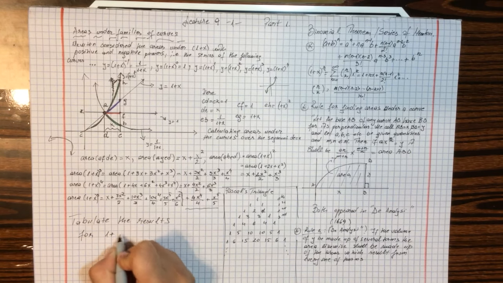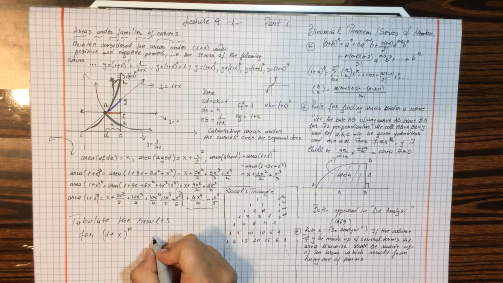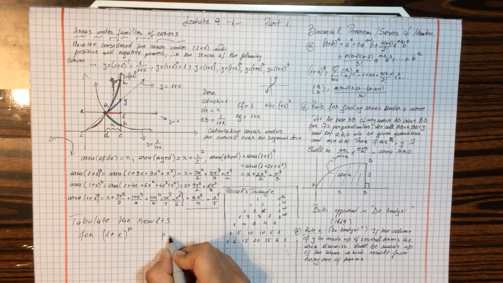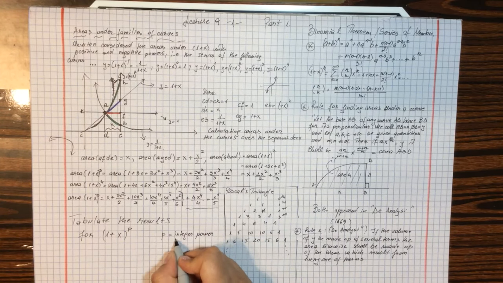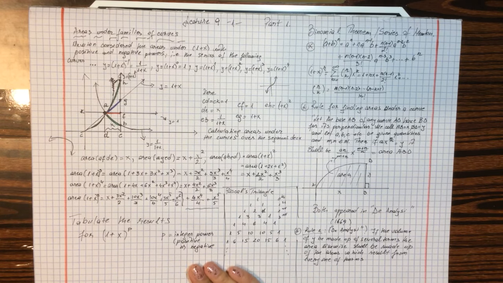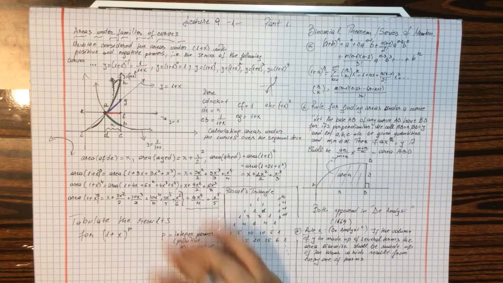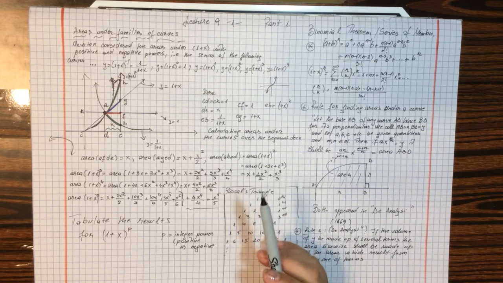for the general curve 1 plus x to the power p, where p is an integer power, positive or negative. Okay. So before I tabulate the results, notice something.